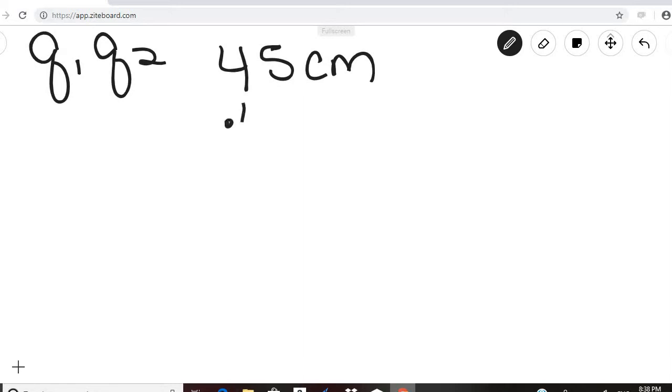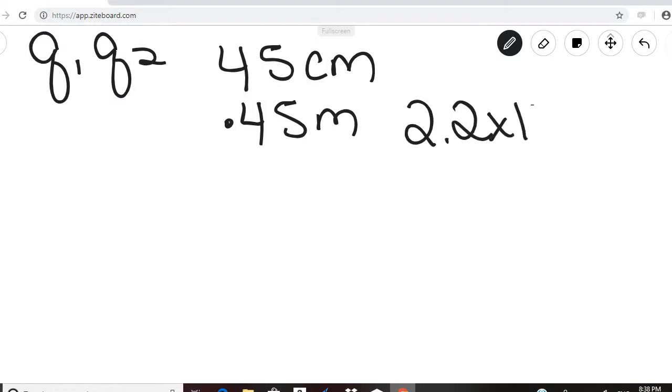So divide by 100 to get 0.45 meters. And we are told that the electrostatic repulsion is 2.2 times 10 to the 5th newtons. These particles are the same charge, but we don't know what that is. So we need to figure out what they are.